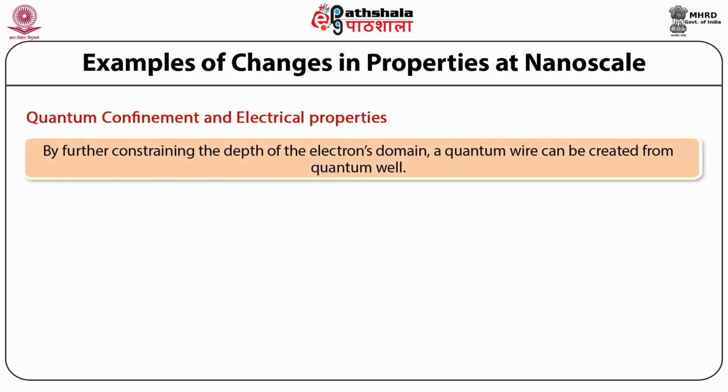By further constraining the depth of the electron's domain, a quantum wire can be created from quantum well.